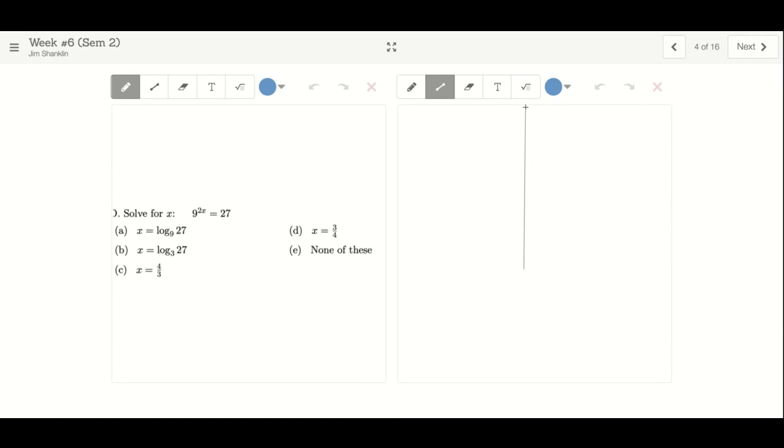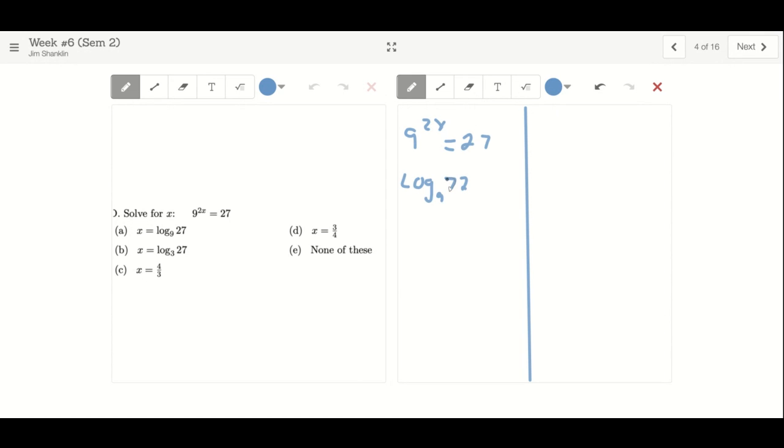So I'm just gonna draw a line down the middle here. First method: I've got 9 to the 2x equals 27. I'd rather do it as a logarithm. So I would just go log base 9 of 27 is equal to 2x.